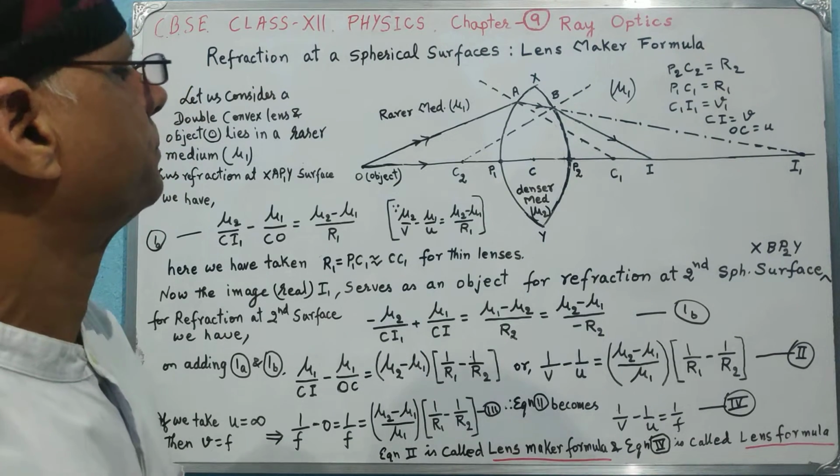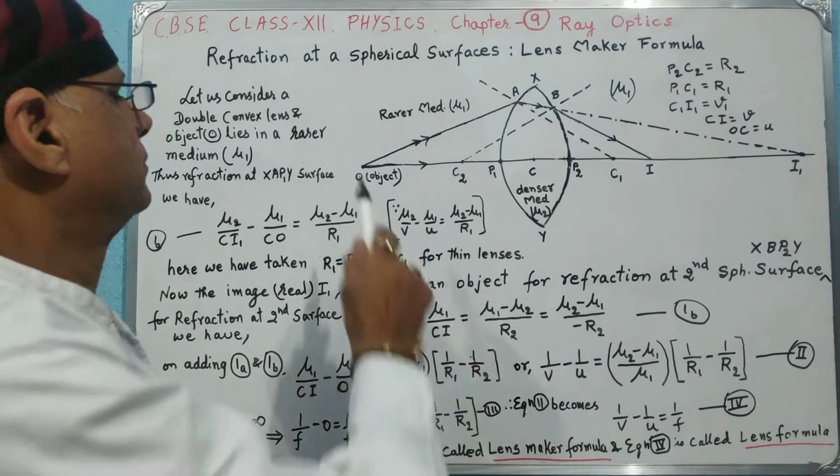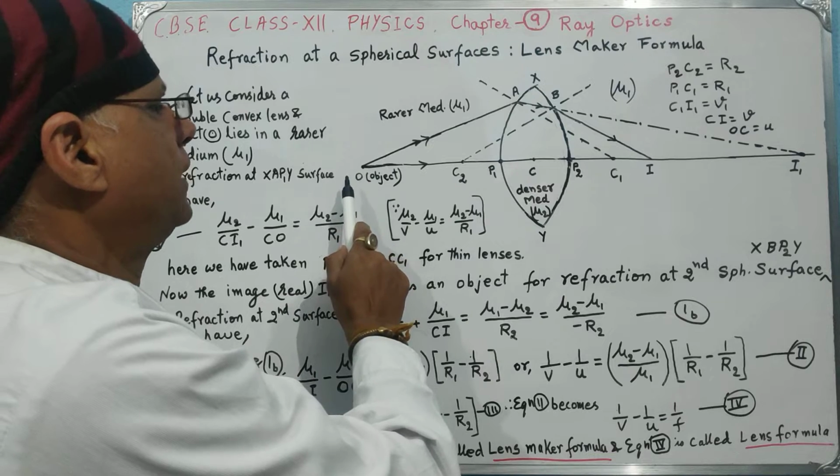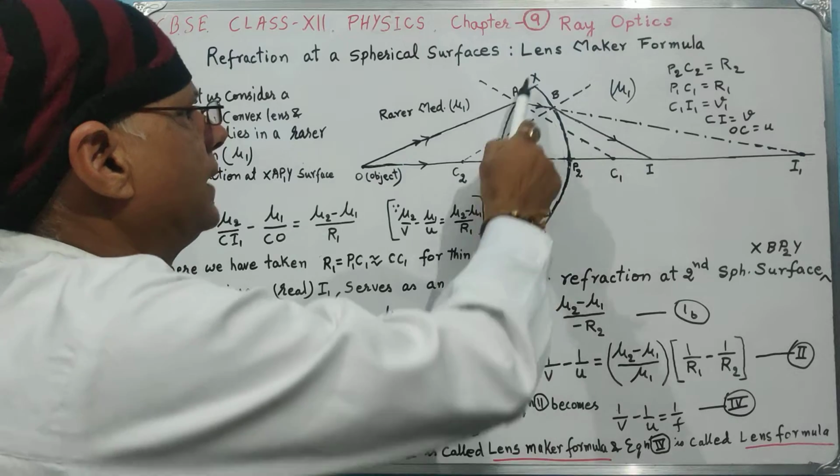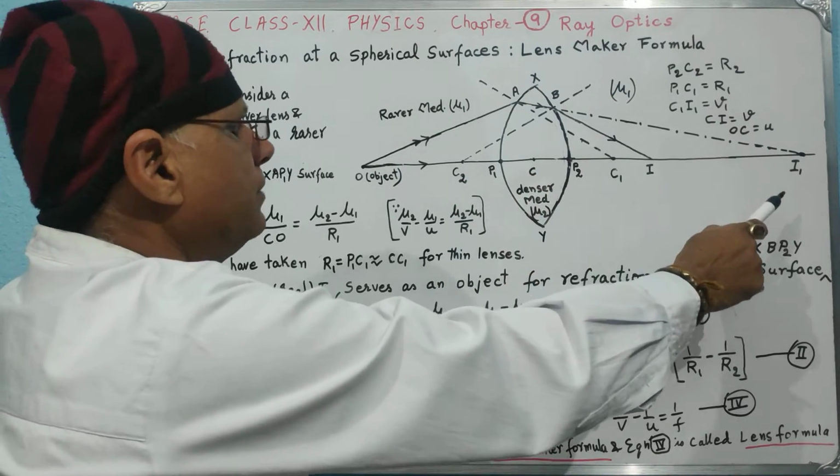We have done this. Now the object is placed at point O and its image due to refraction at the first surface XAP1Y is formed at I1.